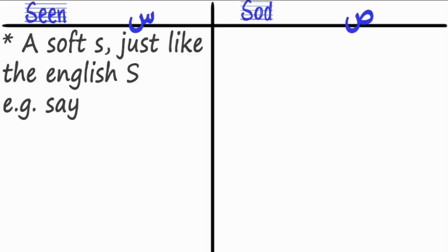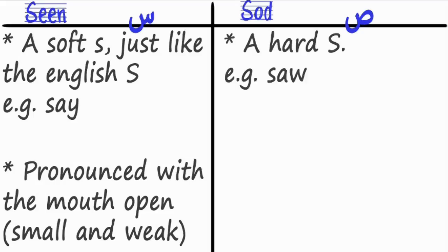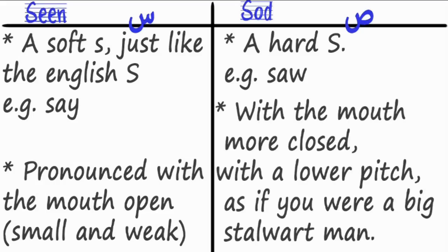And it is pronounced with the mouth open, and it's small and weak, so it's just S. The letter Sad would be the hard S. For example, the S that is pronounced in the word saw, it's kind of close to that. It's pronounced with the mouth more closed and with a lower pitch, as if you're a big stalwart man.